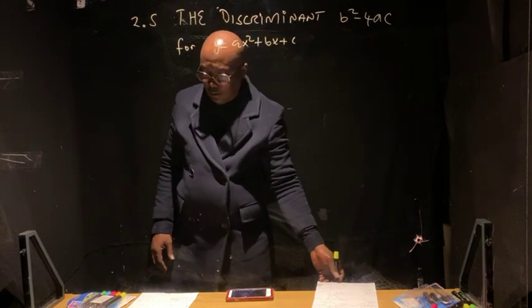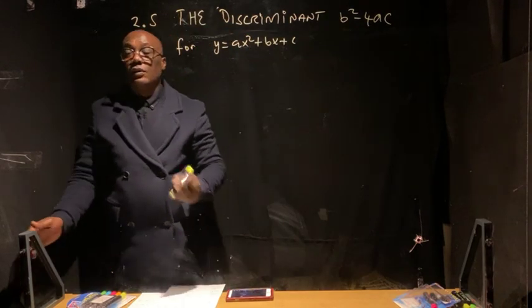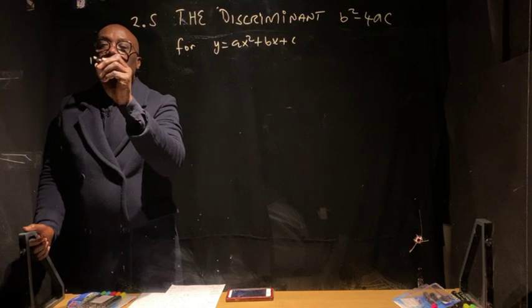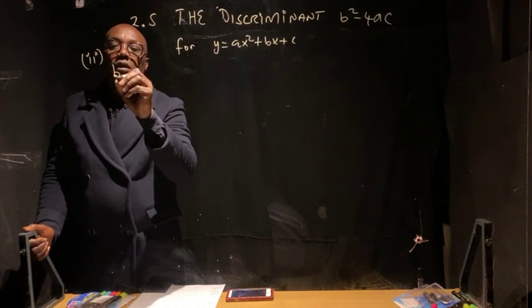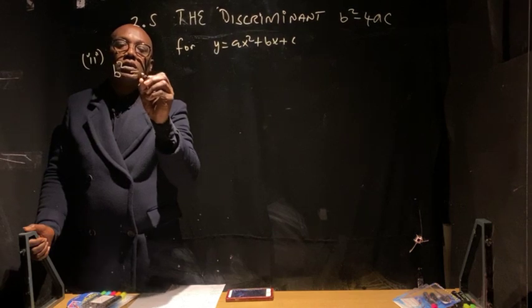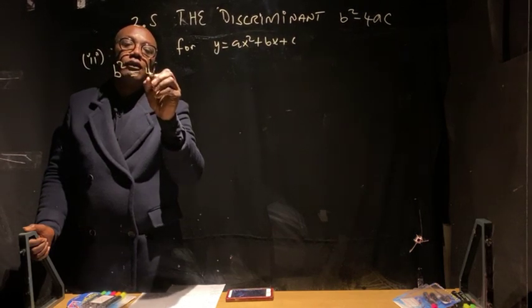Now, the second one has the equation b squared is equal to 4ac.